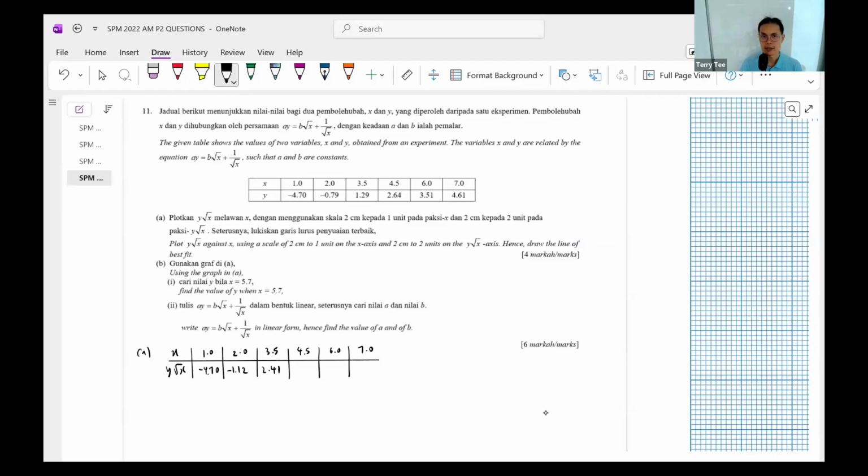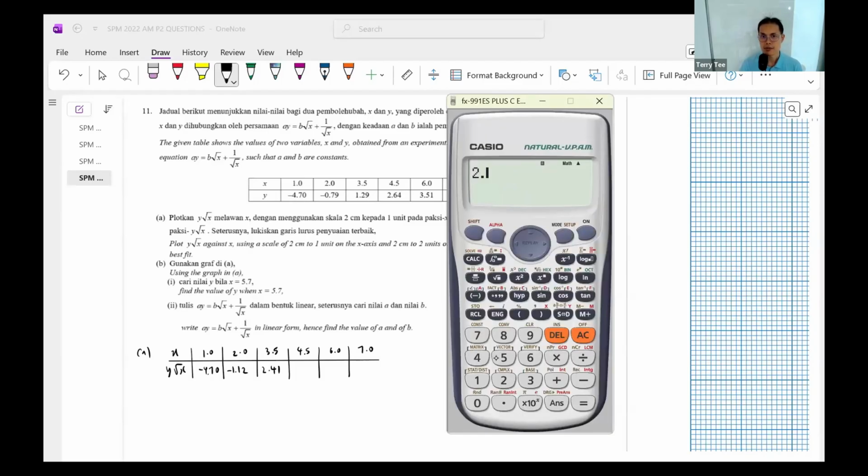Okay, next, 2.64 times square root 4.5. You will get this 5.60.